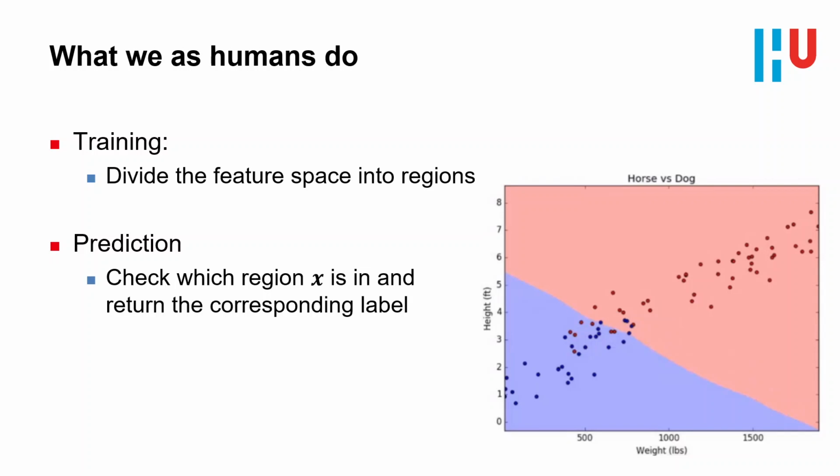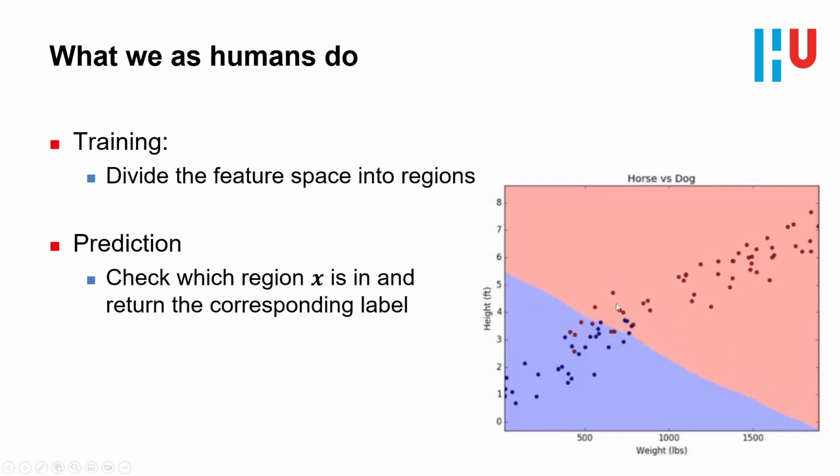Well, we do it basically visually. We saw already in the first example, if we've got a new data point, like something here, you're going to look, well, this is pretty close. I'm assuming it's the red dot, which was the horse. And what you basically do visually in your mind is kind of divide this up into regions.